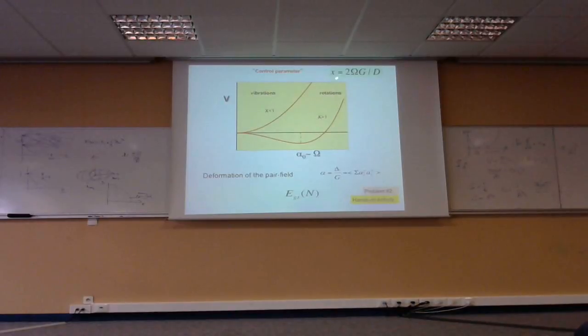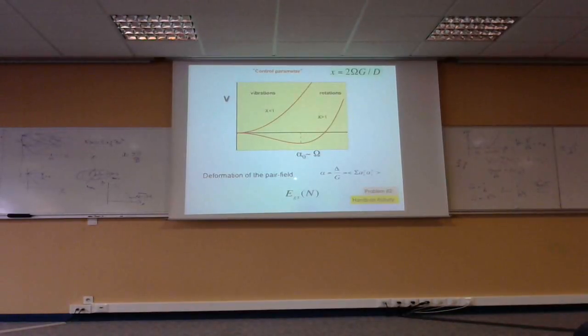At some point, if I change the control parameter, we argue that we will actually transition to a condition where there is pairing. And that's something that will be part of our problem activities this afternoon: to study this transition where you go from vibrations in this so-called gauge space to rotations in gauge space.